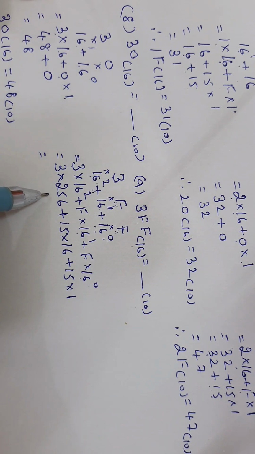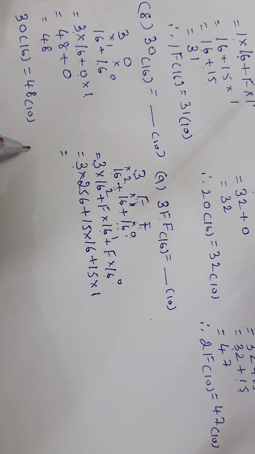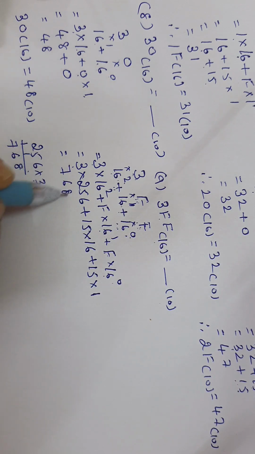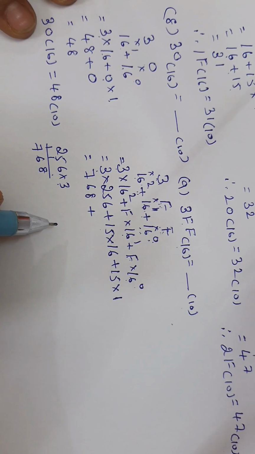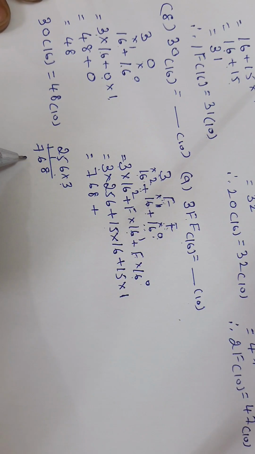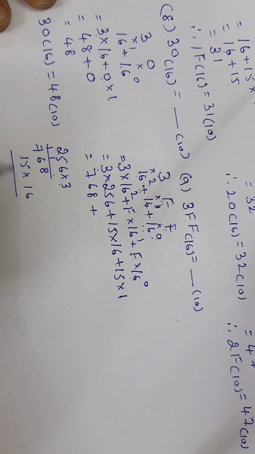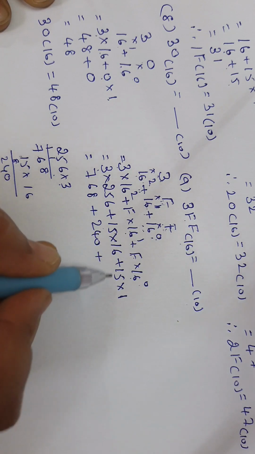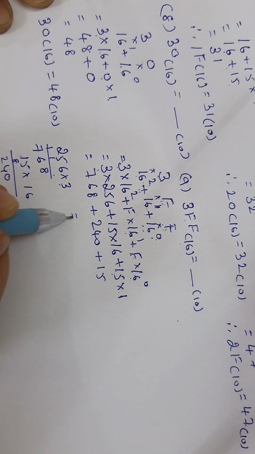Now here 256 into 3. If you do 256 into 3, 3 6s are 18, so 3 5s are 15, that is 16, 3 2s are 6, so this is 768 plus 15 into 16. If you do 15 into 16, 16 5s are 80, this is 240 plus 15 ones are 15. Now what we have to do? We have to add all these three.